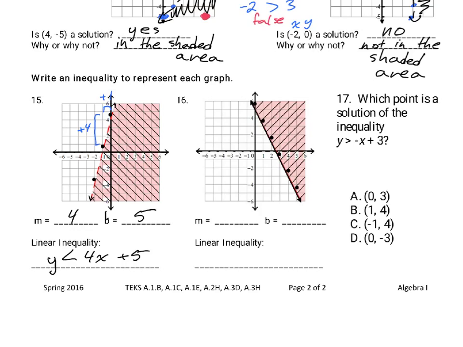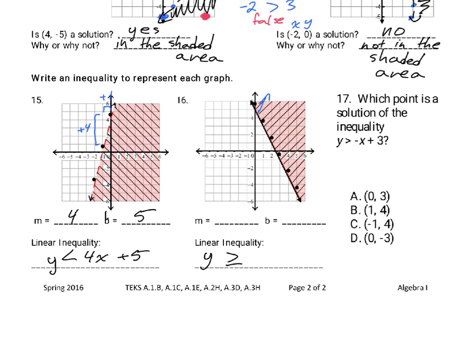All right, we're going to do the same sort of thing with this one right here. First off, it's shaded above. So that tells us it's going to be a greater than. Solid or dashed? Solid. So we get an equal to bar right there. Now we just need to figure out the slope and the y-intercept. These points are not exact, but we're going to go with 6, 4, 2, and 0.